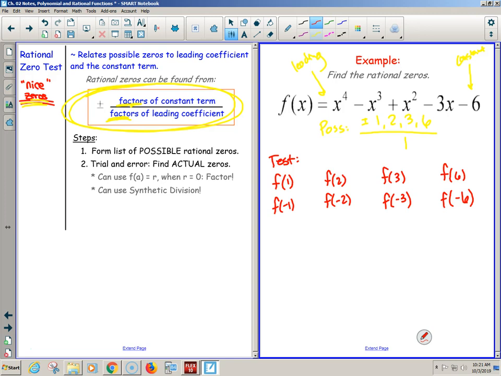So depending on your brain, it might be safer to do synthetic than plugging in, or it might be safer to do plugging in than synthetic. Guess which one's shorter? Synthetic, for every single one we have to do a box and a line and coefficients. I don't think synthetic's faster, but it is safer.